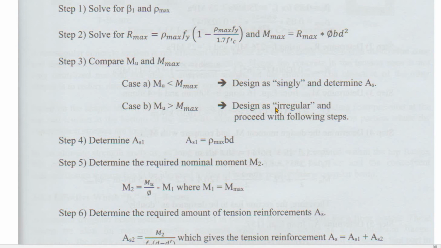Doubly reinforced means DRB. Okay? Step 4, determine AS1, which is equal to rho max times bd.